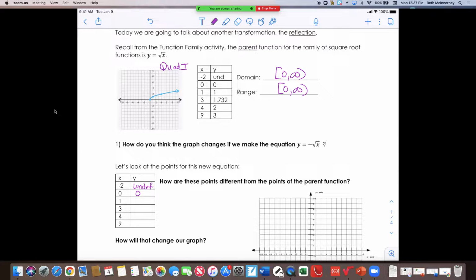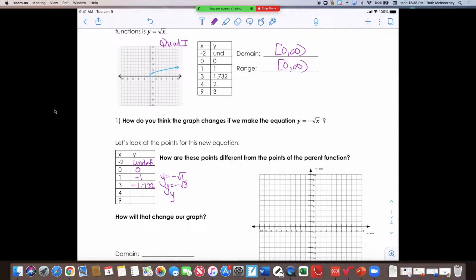So if I plug in negative square root 1, that's negative 1. If I do negative square root 3, that's negative 1.732. If I do negative square root 4, that's negative 2.